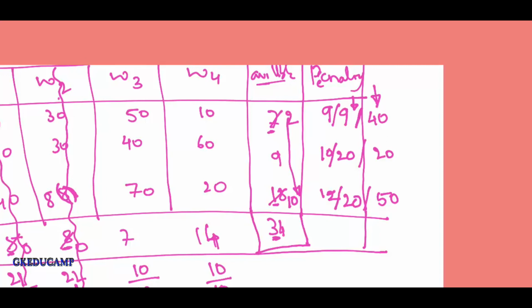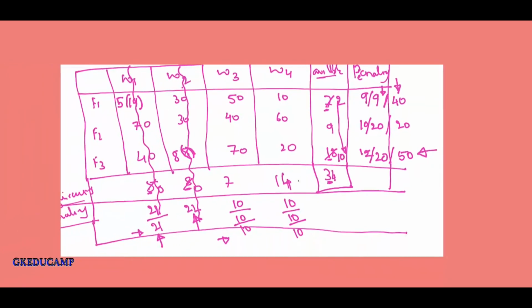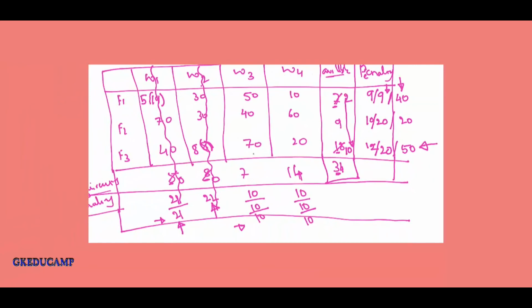So look at the penalties again. 40, 20, 50, 50. 50, sorry, 10. So 50 is the highest penalty. Solve this one, because here you have 4 requirements still. Here 10 is the minimum.